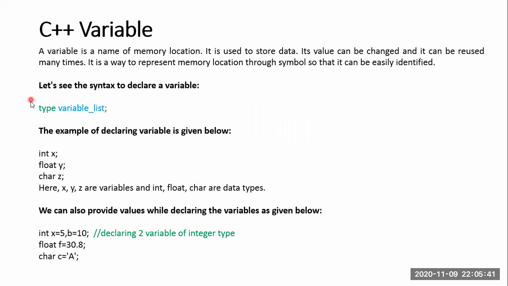So this is our syntax for variables, how to declare a variable: type, then variable list, with a semicolon. Clear? Here are examples for declaring variables: int x, float y, char z. Here x, y, z are the variables, and int, float, char are the data types.